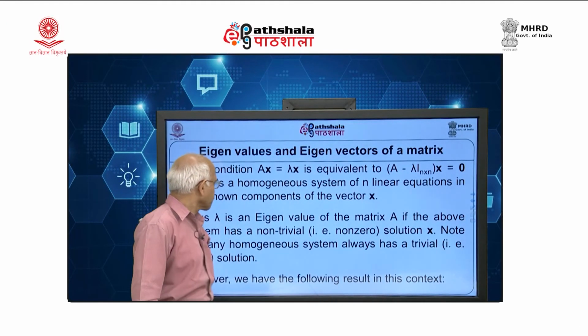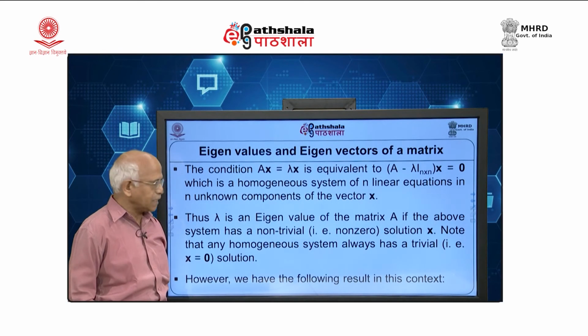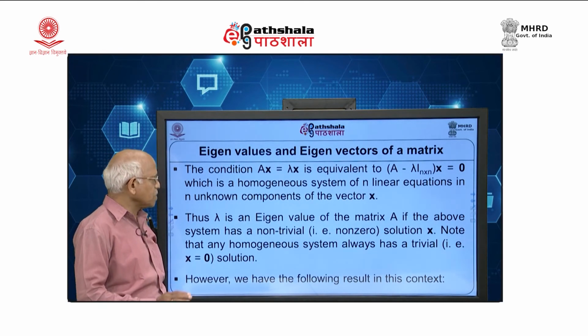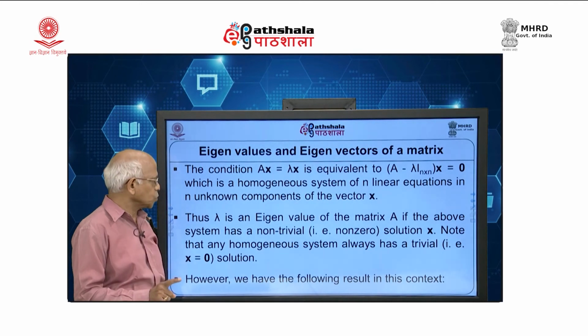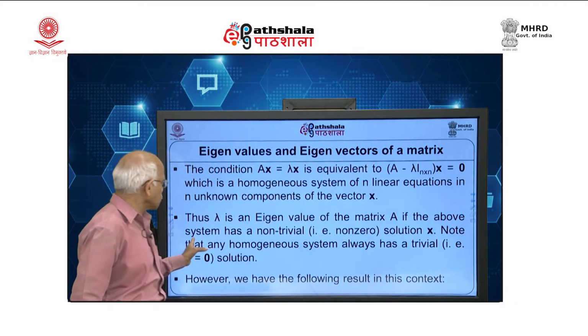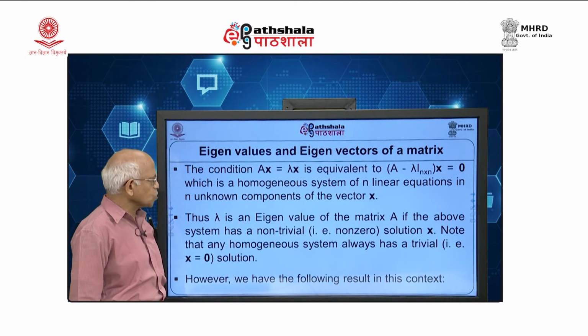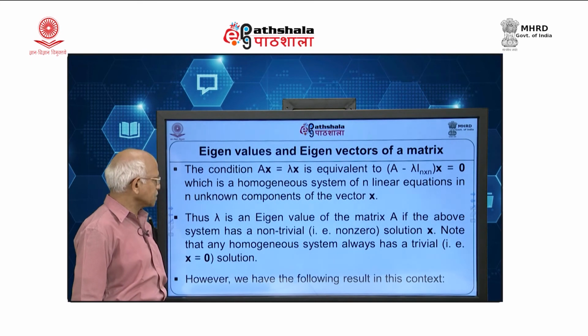Thus, lambda is an eigenvalue of the matrix A if the above system has a non-trivial solution, because we want the vector x bar to be non-zero. If this system has a non-trivial or non-zero solution x bar, then lambda will be an eigenvalue of the matrix A.